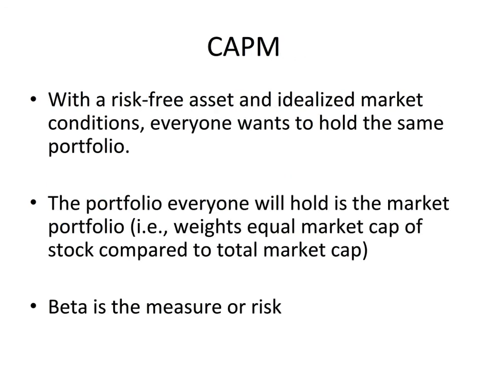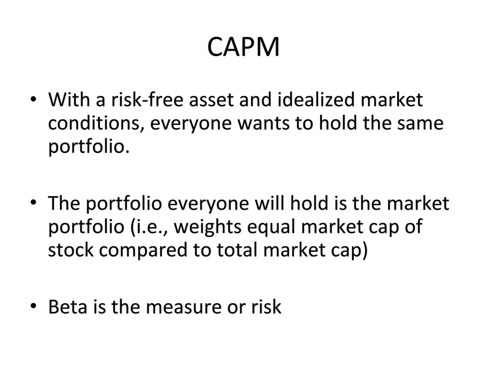There are three results of CAPM that we're going to make use of here. First is that when there's a risk-free asset and idealized market conditions, no frictions within that market, and the same expectations on the part of everybody, everybody wants to hold the same portfolio. Number two, everyone wants to hold the market portfolio, and you can think of that as a Dow Jones Industrial Average or Standard & Poor's 500 index fund, or ETF.